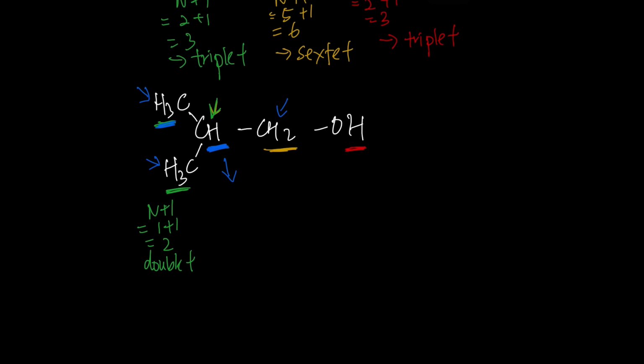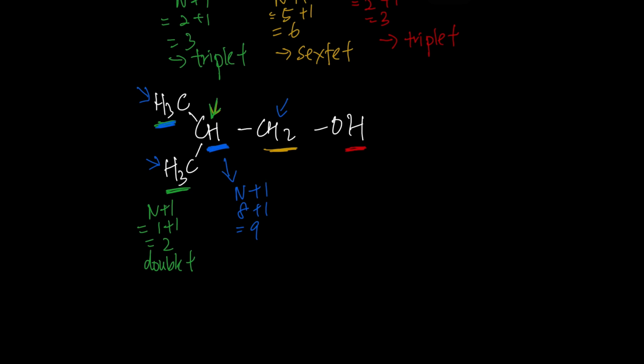So now n plus 1, it is 8 plus 1, it is 9. I'm not sure about the name for the multiplicity for 9. It's actually not very usual to have 9. So you need to know that this signal will be split into 9 fine lines.